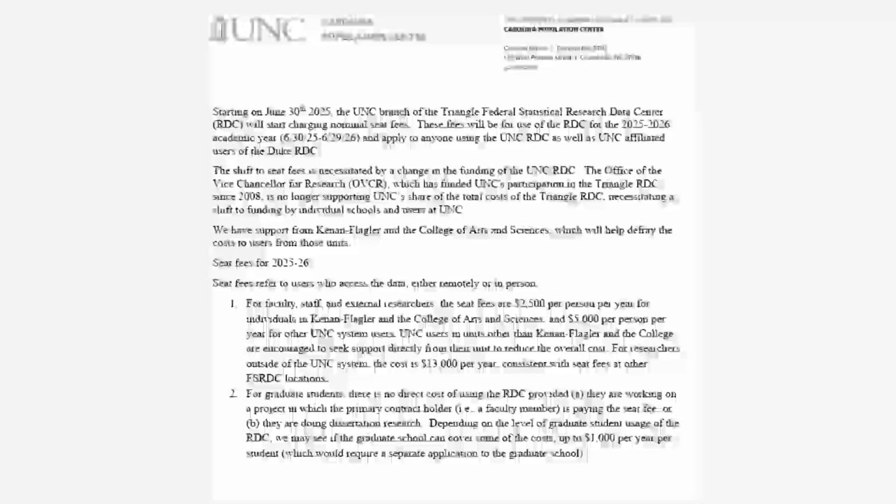Because of a recent change, you'll see this in the next slide, the OVCR's office had funded the RDC, UNC's participation in Duke's consortium, for 15 years. They recently decided to move us towards a seat fee schedule, which is $2,500 per year per person in a project. That's the person doing the data analysis.